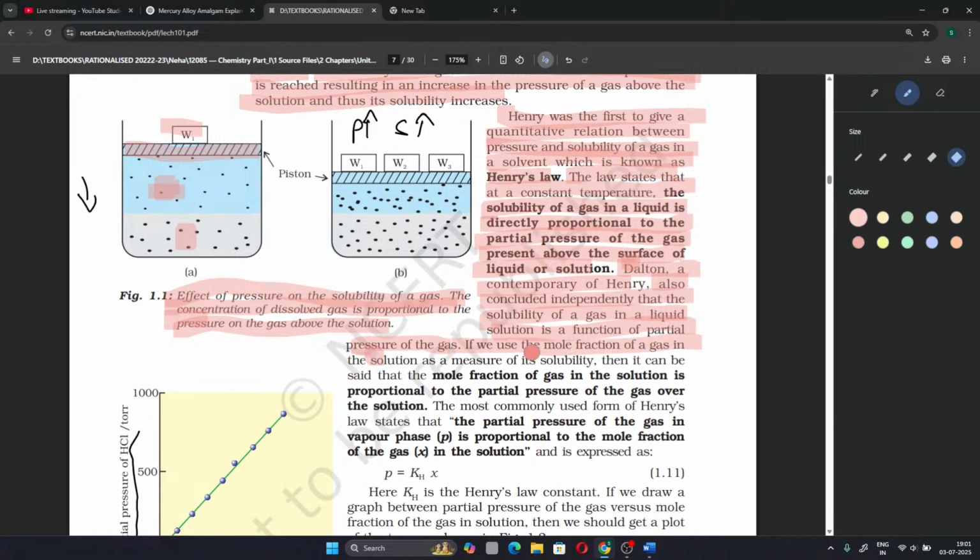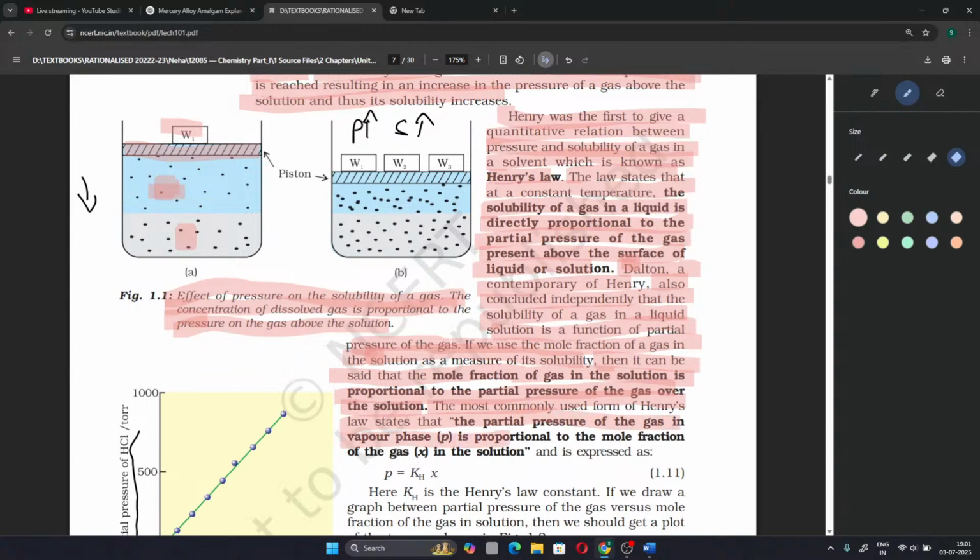If we use the mole fraction of a gas in the solution as a measure of its solubility, as I said before, solubility of gases is measured through mole fraction and not in concentration terms, then it can be said that the mole fraction of gas in the solution is proportional to the partial pressure of the gas over the solution.